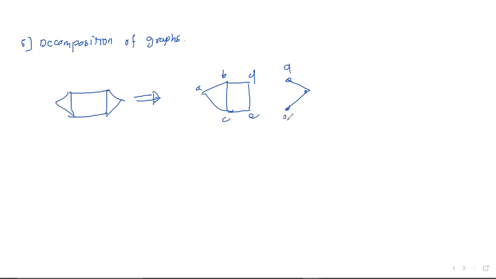Now see, the common vertices are there: D is common to both, E is common to both. So we may have common vertices, but common edges are not there.